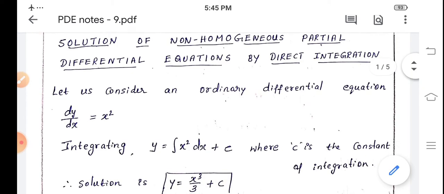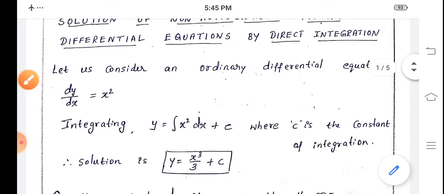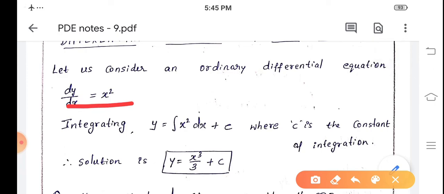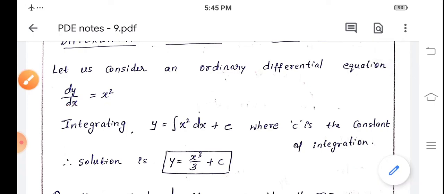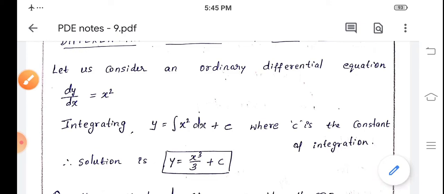To understand this concept, let us consider an ordinary differential equation dy by dx equal to x square. Here, to find the solution for y, we integrate this with respect to x.